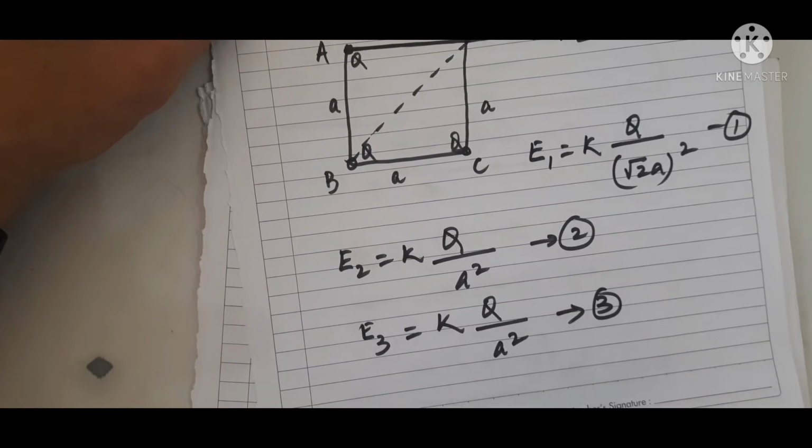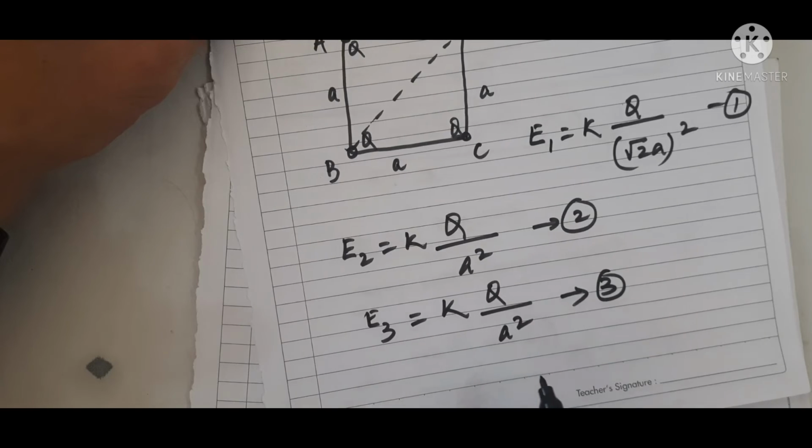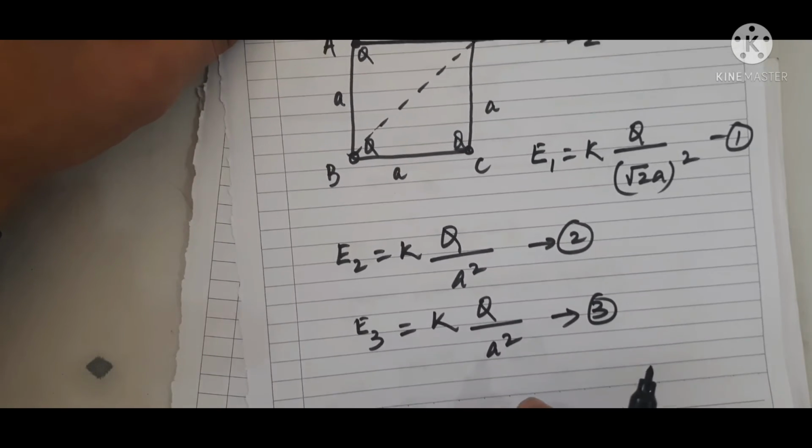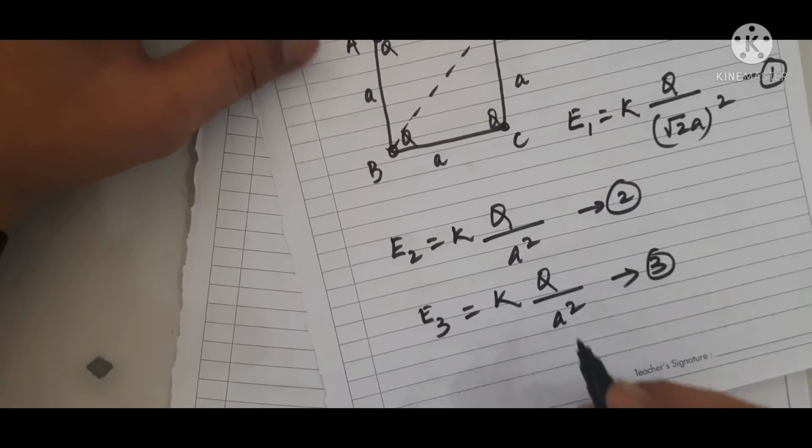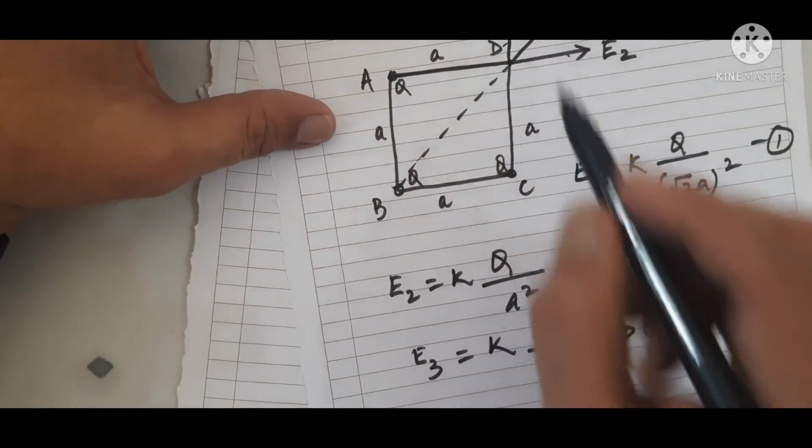Now what to do in this particular case? After finding E1, E2, E3, we have to find the resultant of E2 and E3.